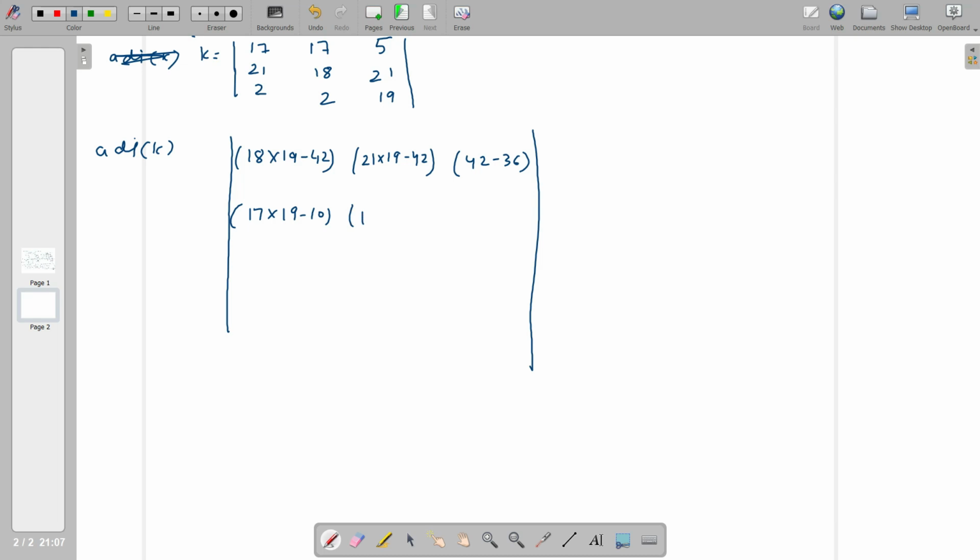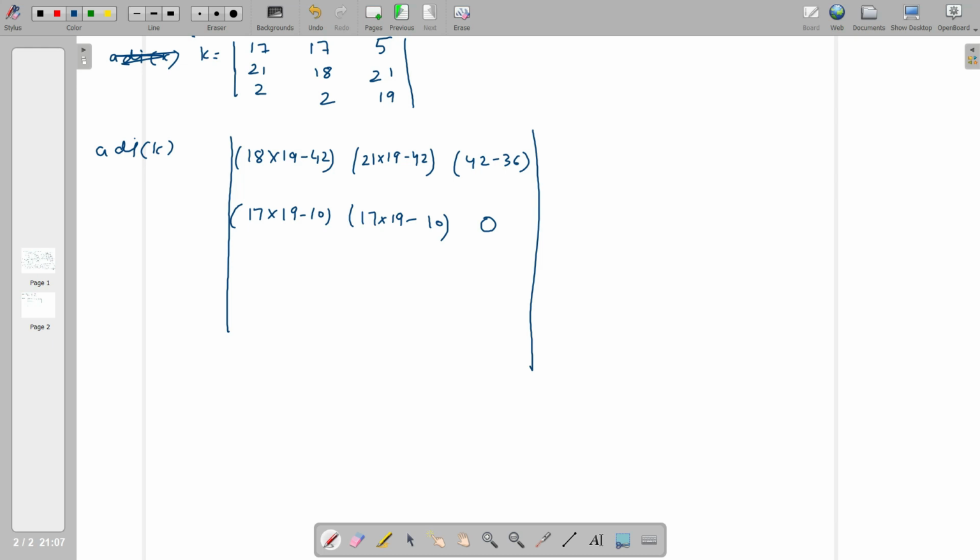So again it will be 17 into 19 minus 5 into 2, which is 10. And then for this 21, we will leave the third column and second row. So it will be 17 into 17 minus 17 into 17, which comes out to be 0.